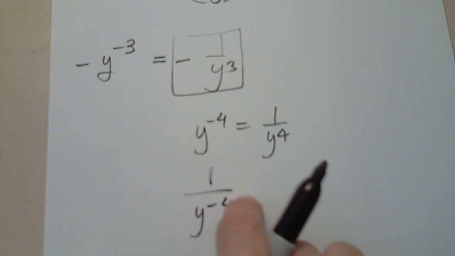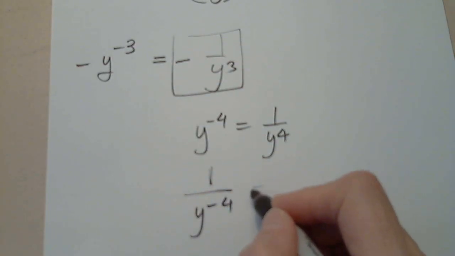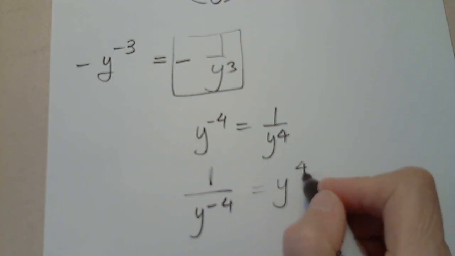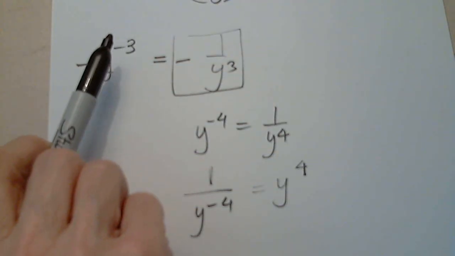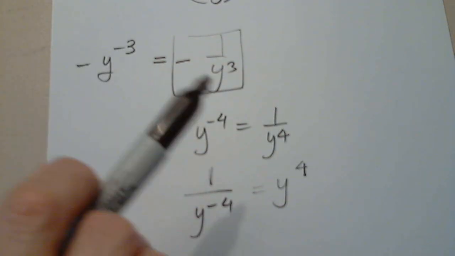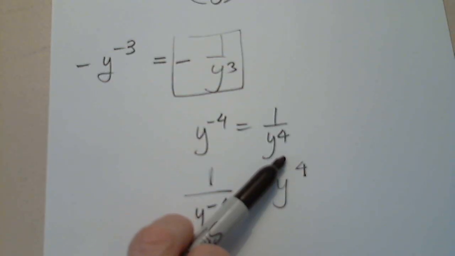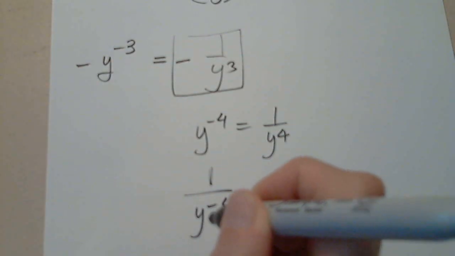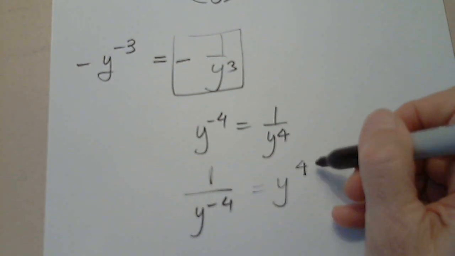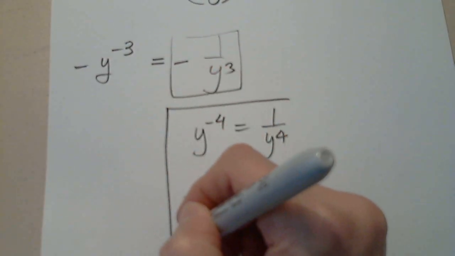If an expression with a negative exponent is in the denominator, it will go to the numerator with a positive exponent. Here it was in the numerator with a negative exponent. It went down in the denominator with a positive exponent. If it has a negative exponent and is in the denominator, it will go up to the numerator with a positive exponent.